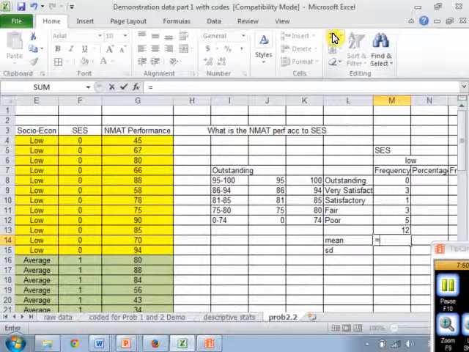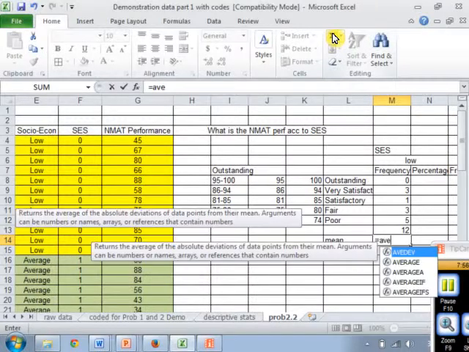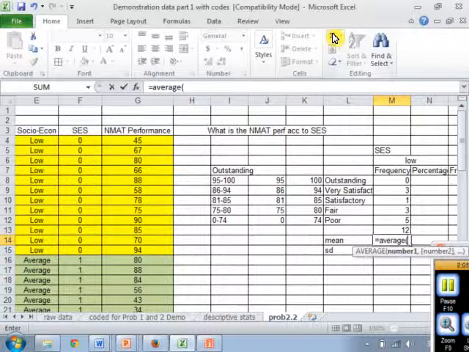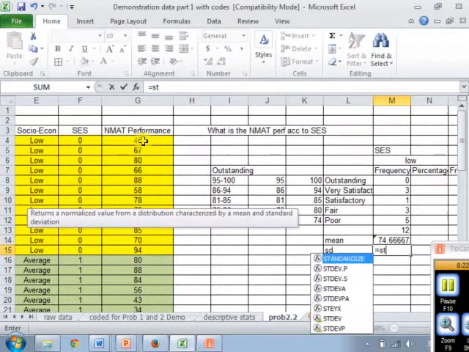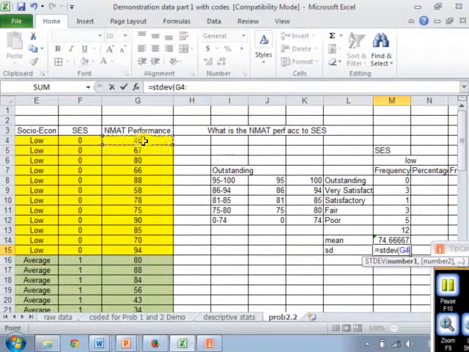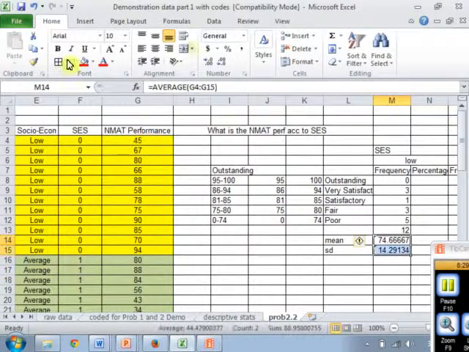So mean. Average. Okay. I will highlight where? This one? This is the counts. The average is of the NMAT. Oh, very good. Okay. And the SD? SD Dev. Open. We go to that. Okay.